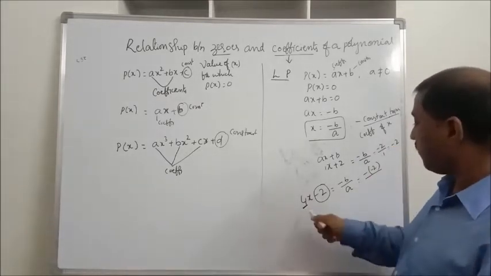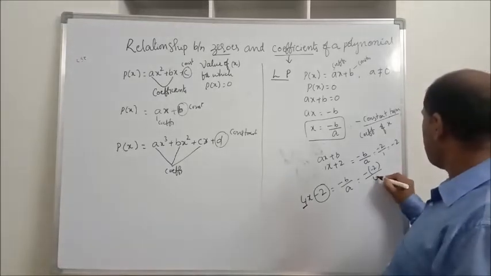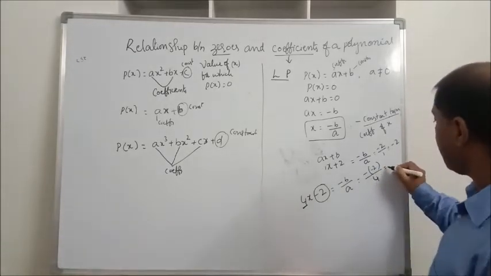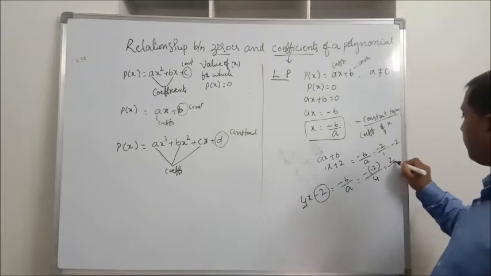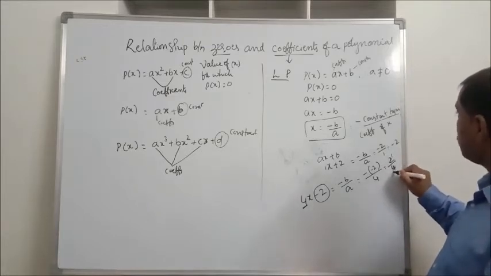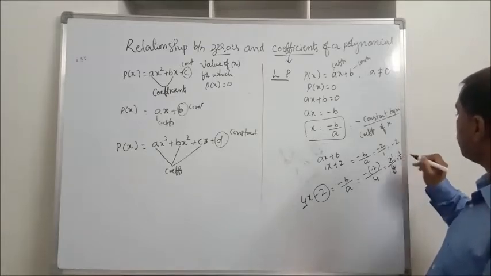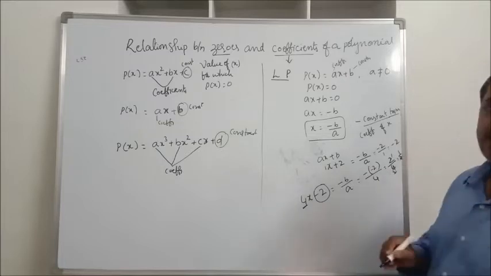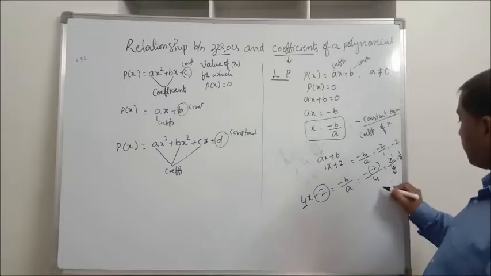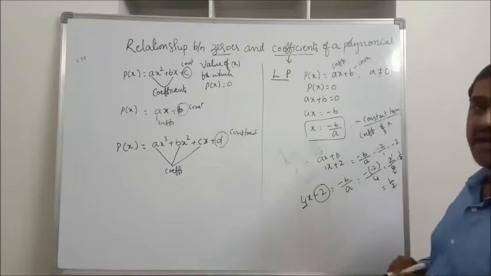What is the coefficient of x? Here it is 4. That is equal to minus into minus, it is plus 2 divided by 4. 2 ones are 2, 2 twos are 4. We get 1 by 2. Is it clear, children? So the zero of this polynomial is 1 by 2.